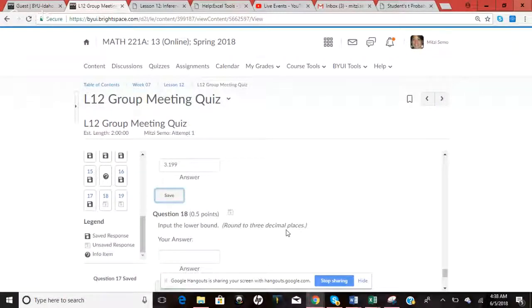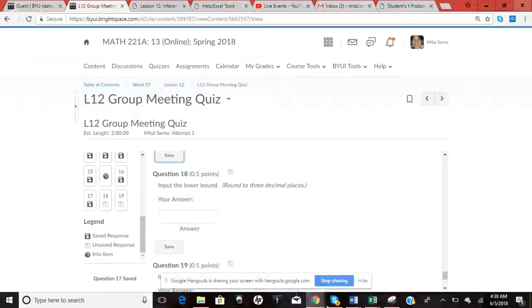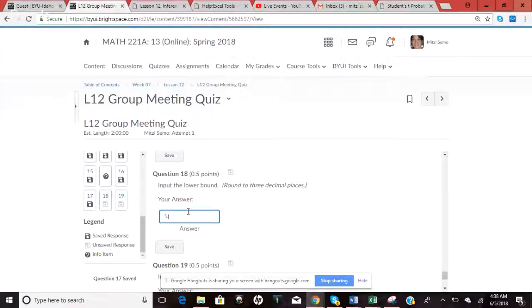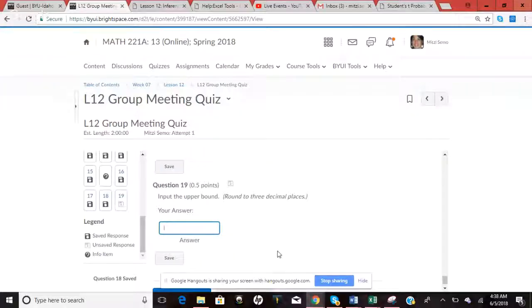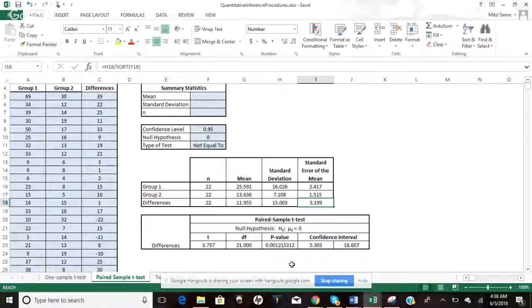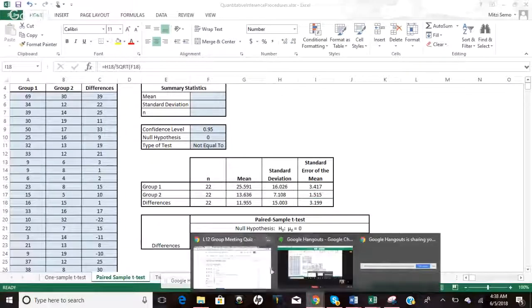Okay. Input the lower bound. Oh, here we go. Now the interval. That's what you were looking at first, I think. The lower is 5.303. Got it. 5.303. Upper bound is 18.607.